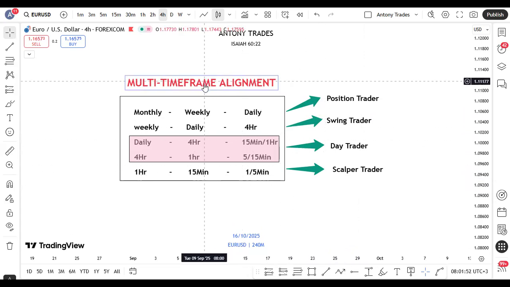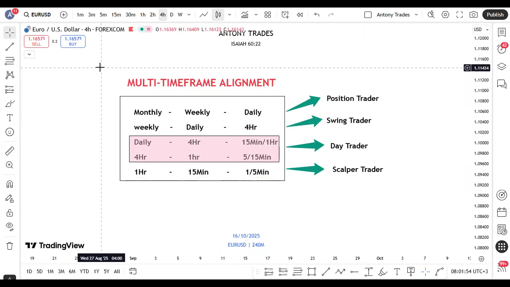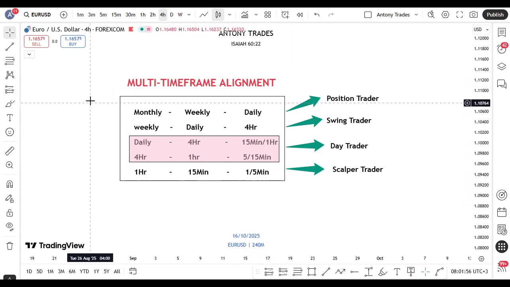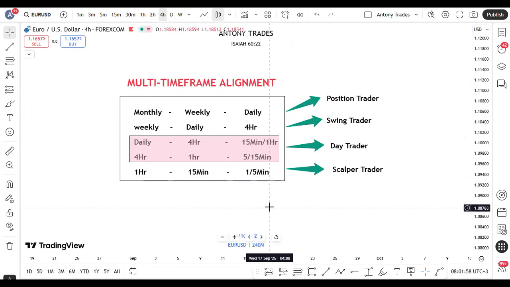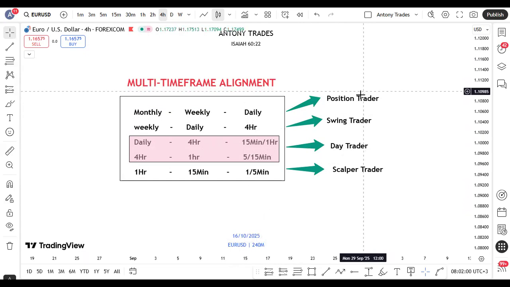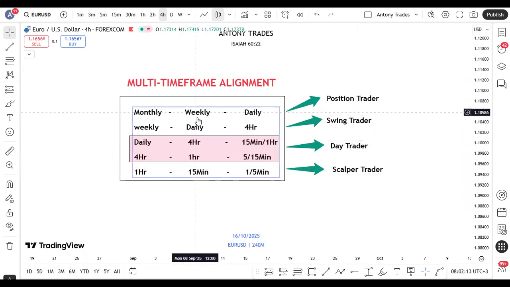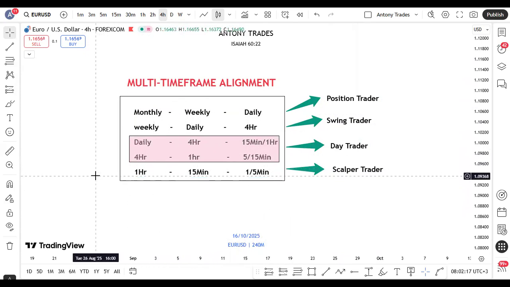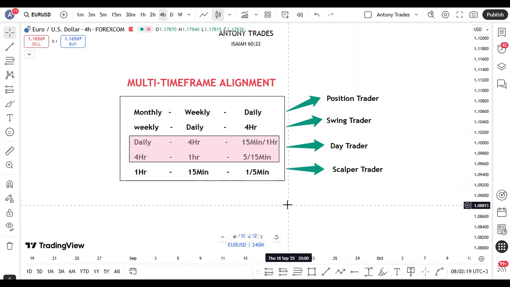From the screen, you can see very clearly I have a table here with me, and on my right, I have different types of traders, because the only thing that differentiates these traders is the time frame. Because remember, we all have a different taste when it comes to trading.